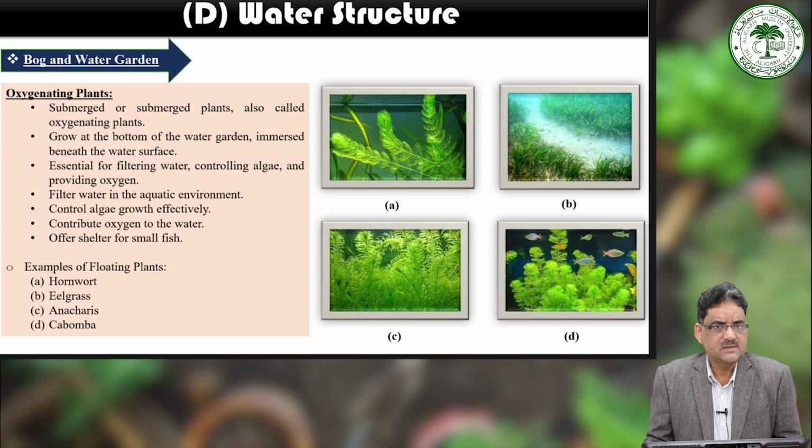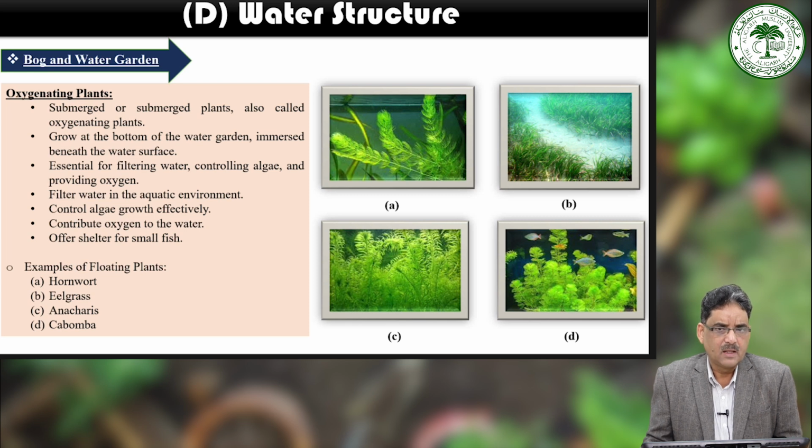It also has oxygenating plants, that is, submerged plants, which are also known as oxygenating plants. They thrive at the bottom of the water garden. They are completely immersed beneath the water surface.